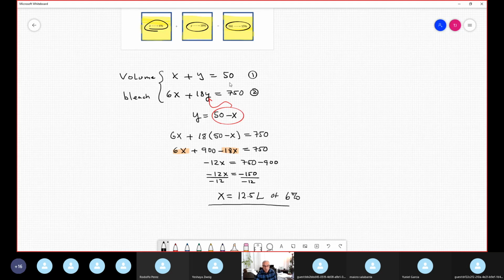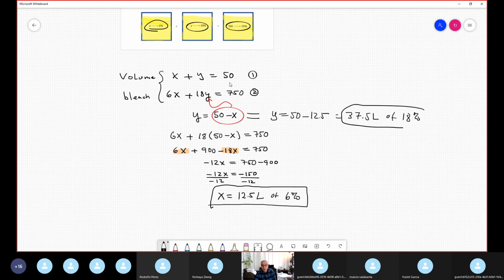It makes sense that it's only 12 liters, no? Because the amount in the y container is y equals 50 minus 12.5. So 50 minus 12.5 is 37.5 liters of 18%.